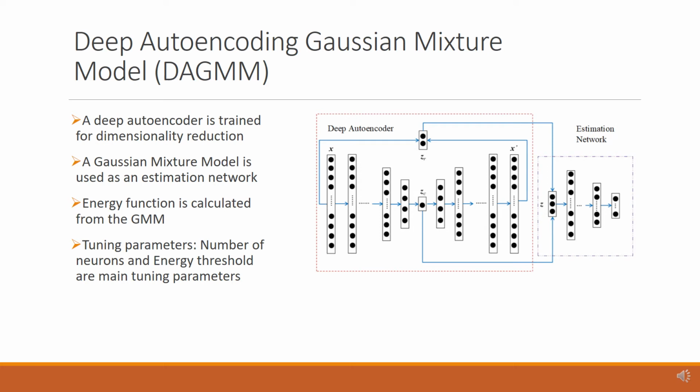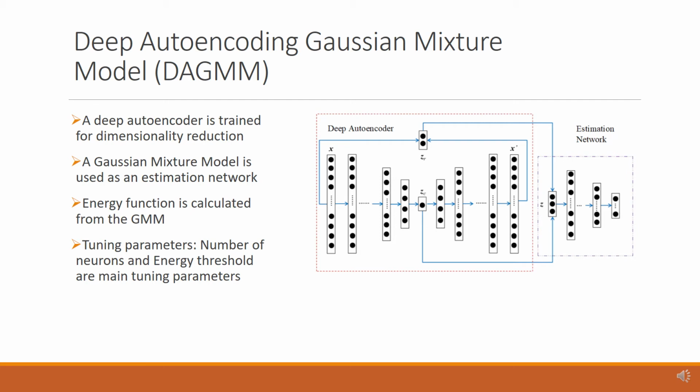We apply the energy threshold from our output of GMM, and if the output of GMM meets some energy threshold, then we mark that sample as anomalies. So basically the process is we have one input, and that input is fed to deep autoencoder.